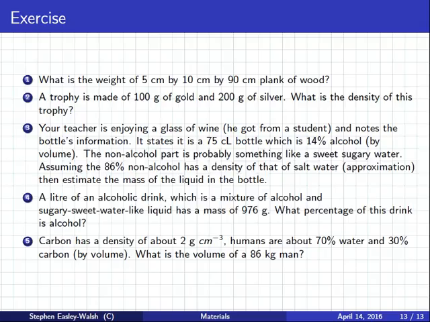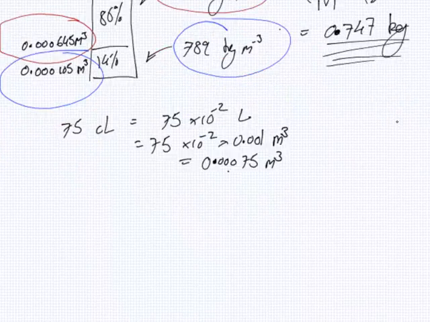Let's see what we get. So, we know that the mass is 0.976 kilograms. And we know that mass equals density by volume. Now we know the volume. It's a litre.